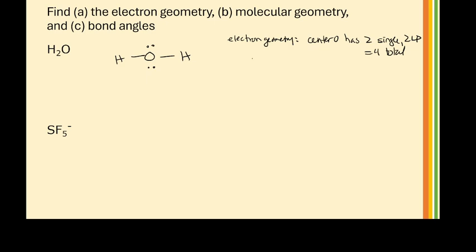So for the row, total 4 domains. And for my column, I'm going to use number 2, which is the electron geometry column. And that says it's tetrahedral.